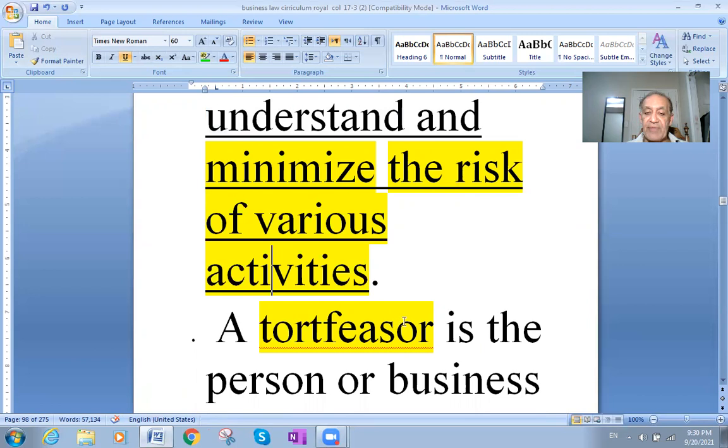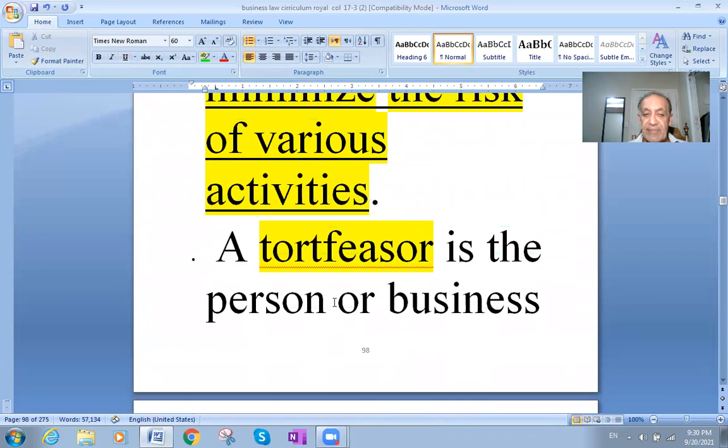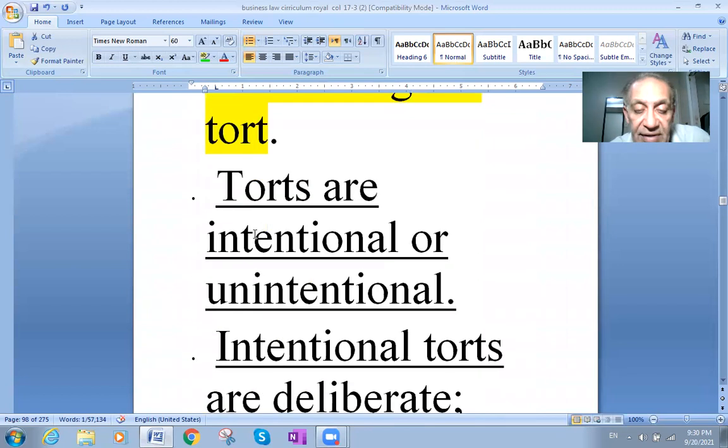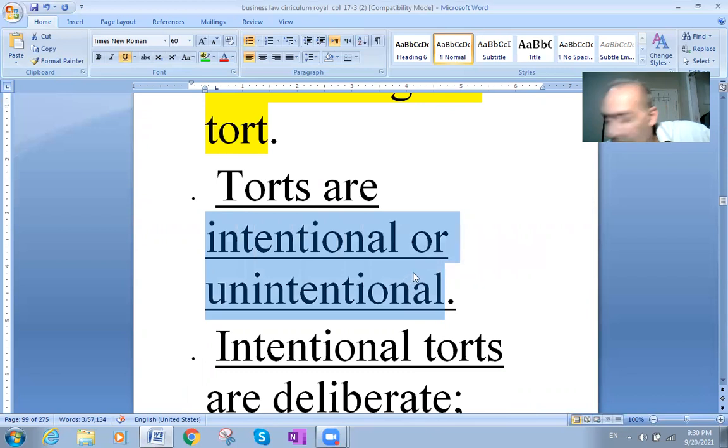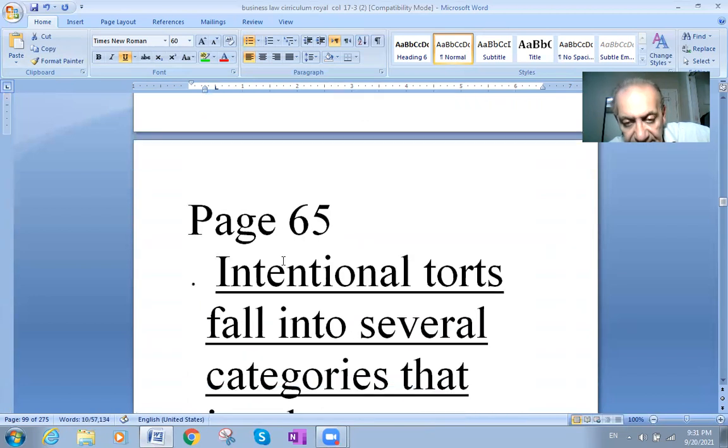This point is very important. A tortfeasor is the person or business committing the tort, the one who does the tort. Torts are intentional and unintentional, like we said before. Intentional torts are deliberate, and unintentional torts are not deliberate.